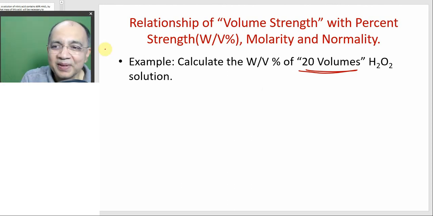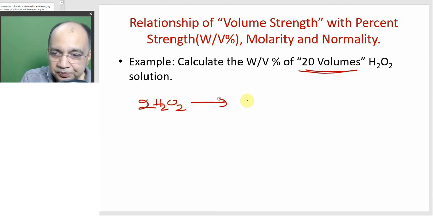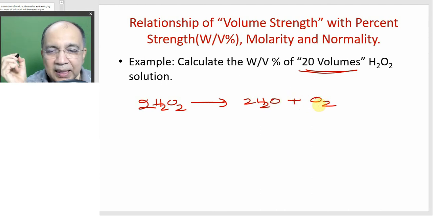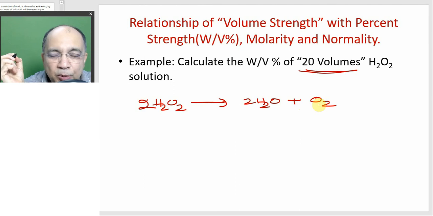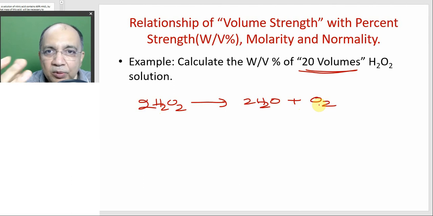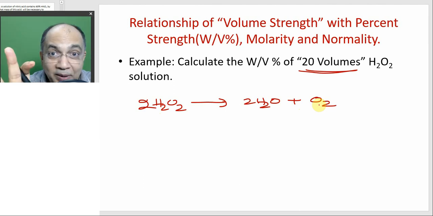Let's see. Now let's write down the equation first. Stoichiometry means equation. This is a disproportionation reaction where the equivalent concept you should not apply.